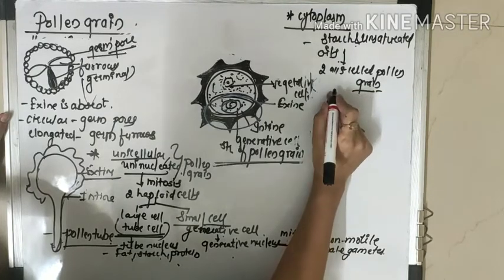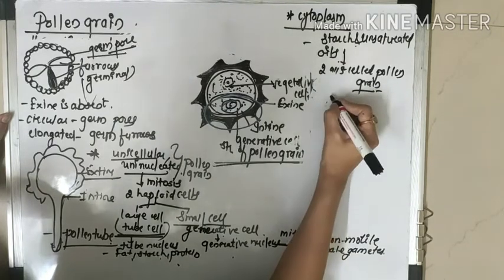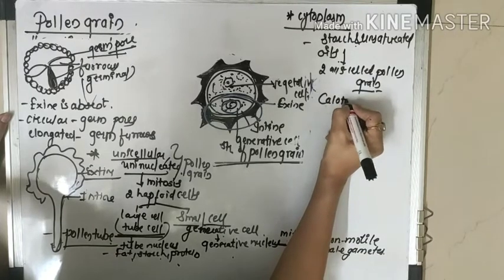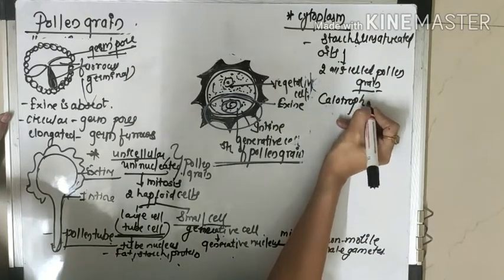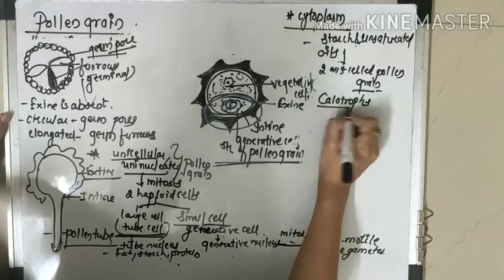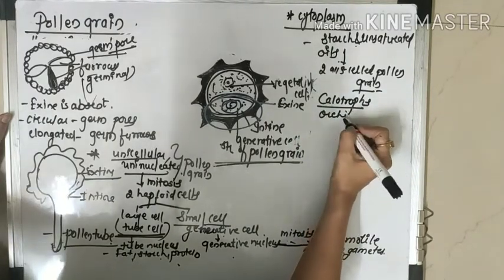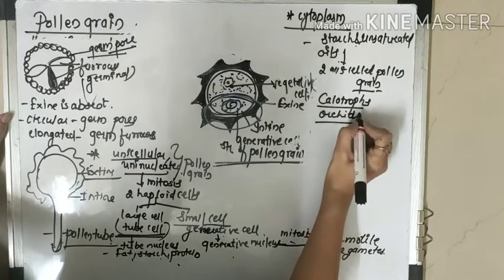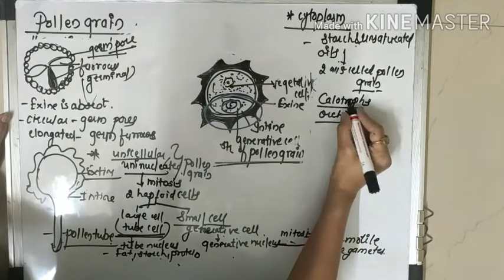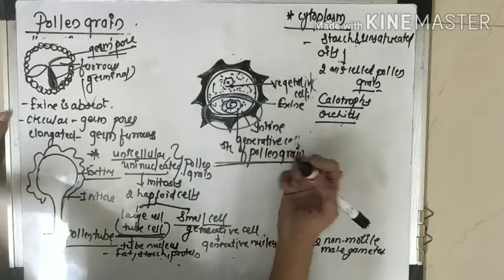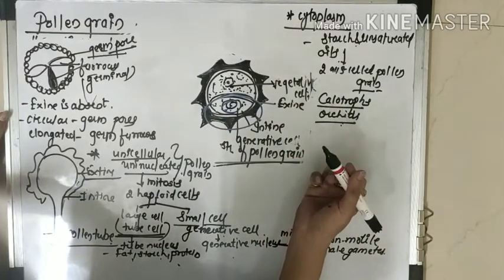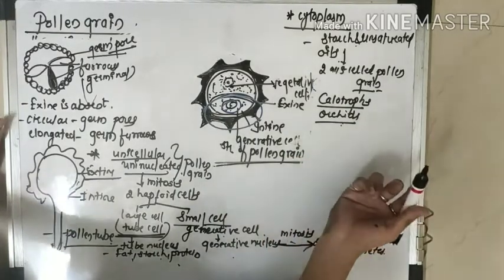In a few examples, just like I'm giving you, it's called Calotropis. In Calotropis, and one more example is orchids. You know that in Calotropis and orchids, Calotropis means रुई, madar in Hindi, right?